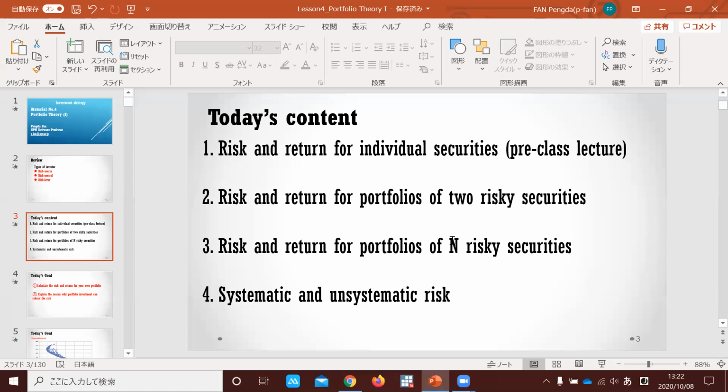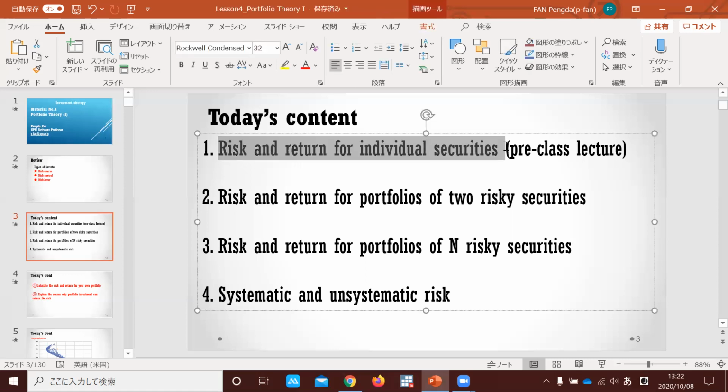Finally, we want to discuss another risk measure. In the part on risk and return for individual securities, we are going to review that standard deviation is an appropriate risk measure for investors who invest in only one asset.